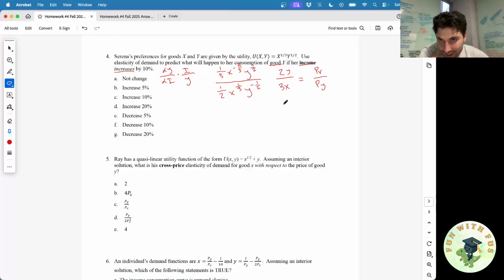And from there, we can cross multiply to get 2ypy equals 3pxx. Since I want my y, I'm going to isolate for x here. I'm going to divide by 3px, get rid of that, and then we get our x.